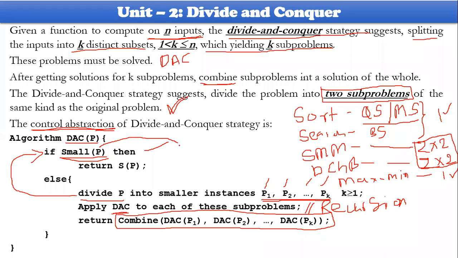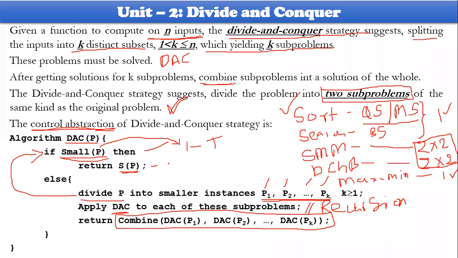Let us talk about one particular domain. That domain is sorting. If you take sorting, how many elements are there within the sublist? A single element. If a single element is there, then small of p returns true. Since small of p returns true, it has a single element. If you want to sort that particular element, yes, it is already in sorted mode. Then combine.